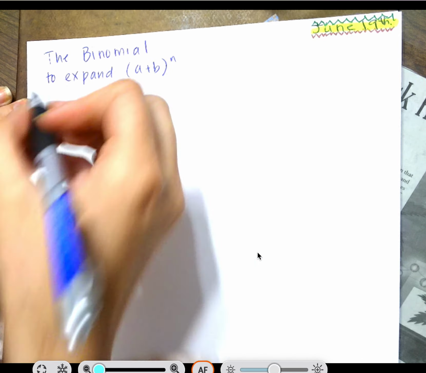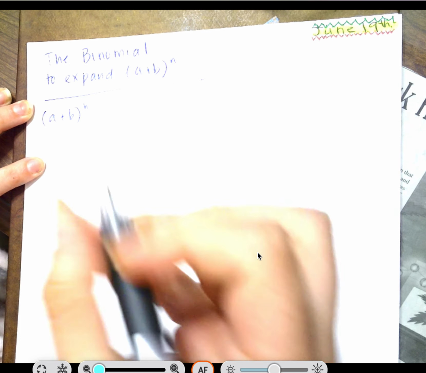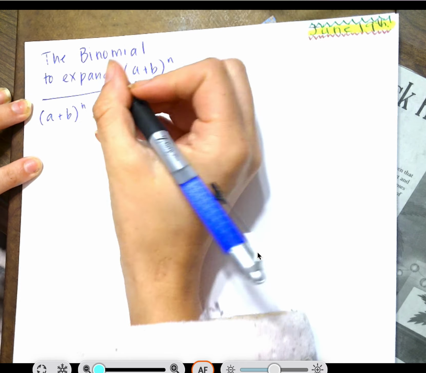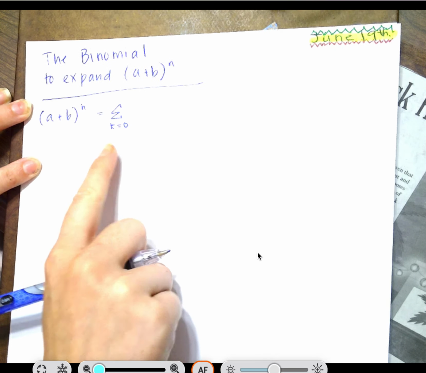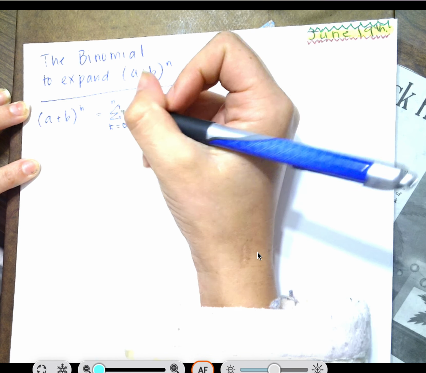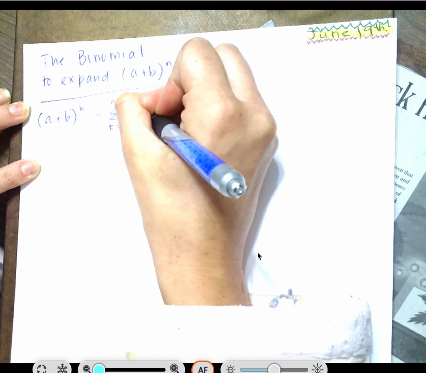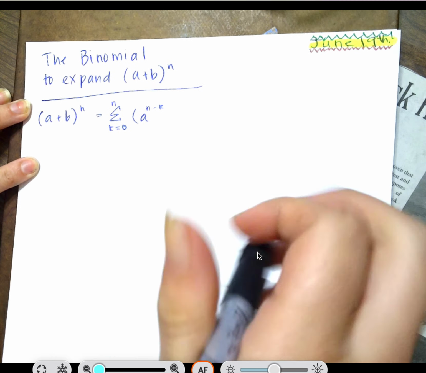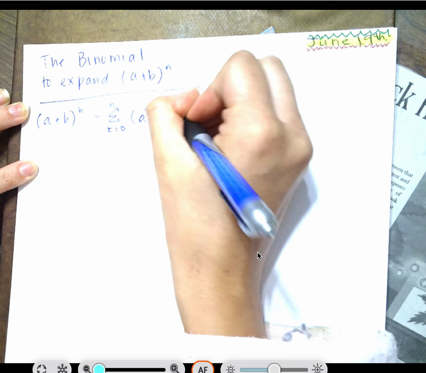Binomial theorem is as follows. Like I said, a plus b to the n for any power is equal to sigma notation, which means the sum, where you perform the following terms from 0, or whatever you set your k to, all the way to n of a to the n minus k, with k starting out at 0, so a to the n for the first one, and b to the k.